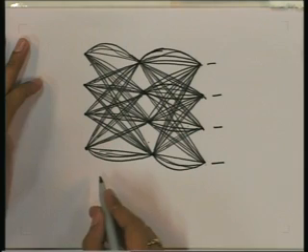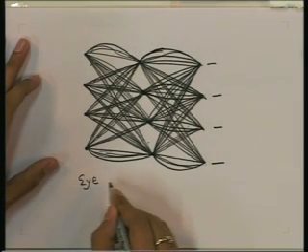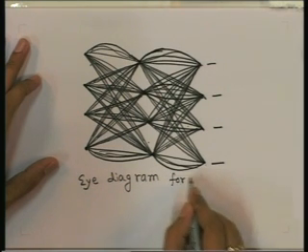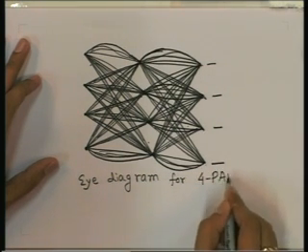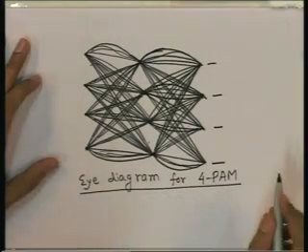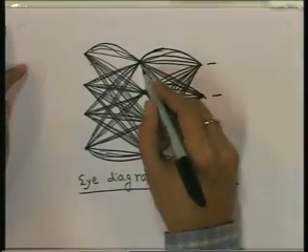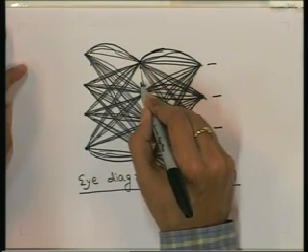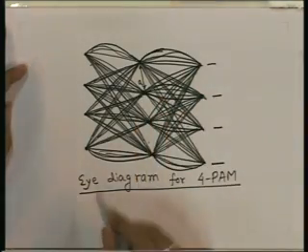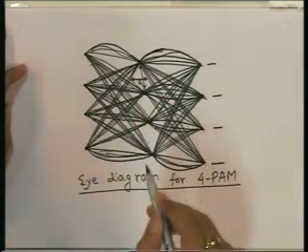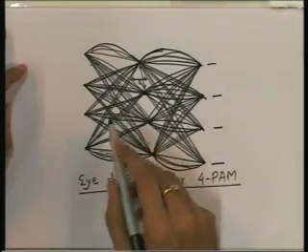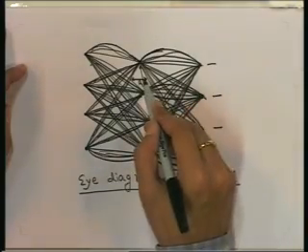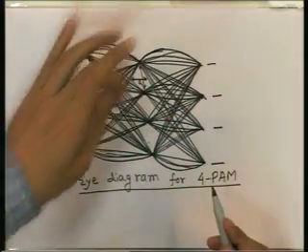So, this will be the eye diagram for 4 PAM. And again here, this indicates the noise immunity, and this indicates the immunity to sampling time offset.